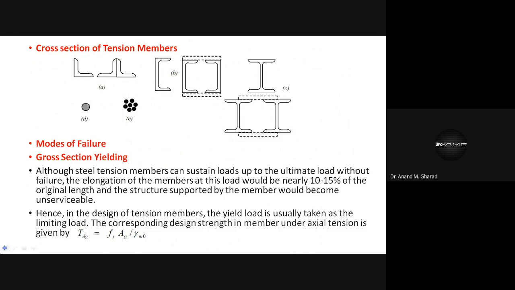Okay? So I will be discussing these three concepts in the coming lectures, and later on we will see how to design a tension member or any member with respect to these three checks. Okay, so I will stop over here.